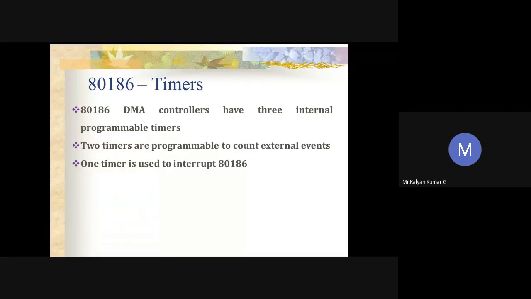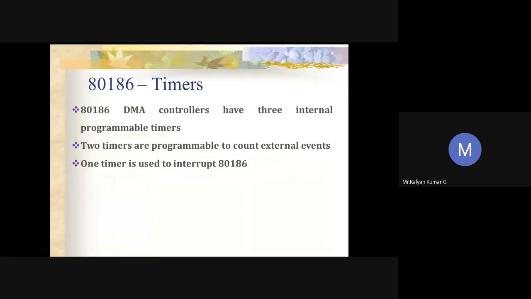With these 2 timers, you can count external events, time external events, or even generate non-repetitive waveforms.